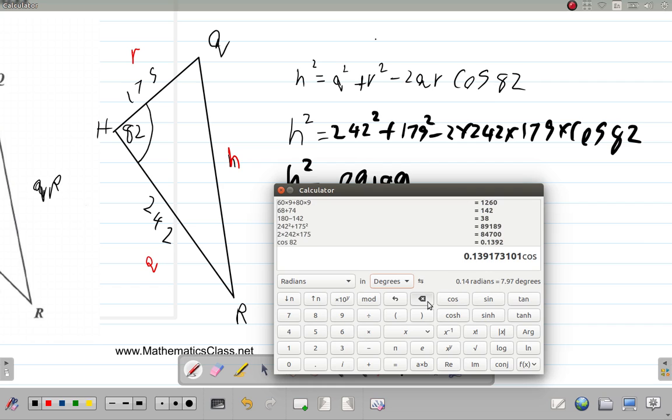Just to test that everything is alright, cos 60 is a half. So it's in the right mode, and cos 82 equals 0.139.